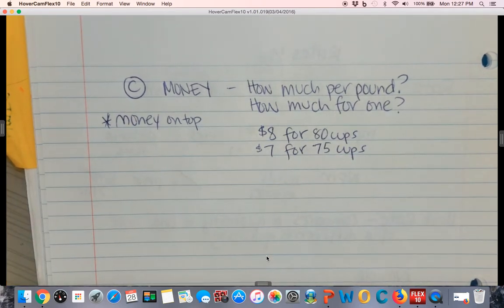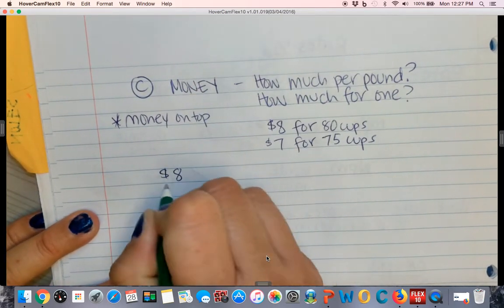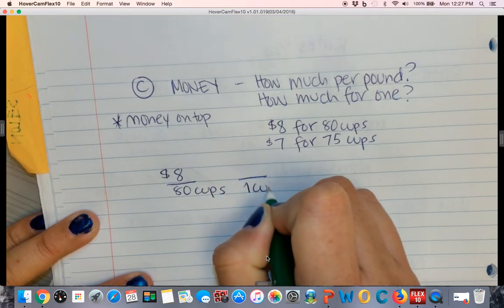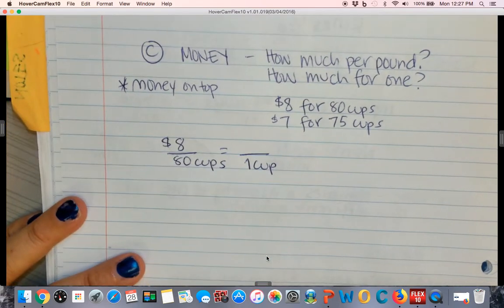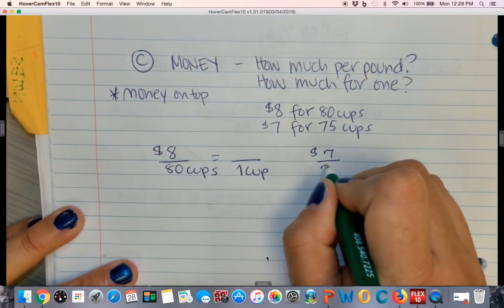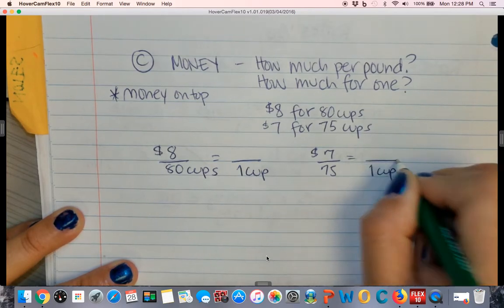What's a better deal? So I'm going to put my money on top, $8 for 80 cups, and I want to know what 1 cup costs. $7 for 75. What is the price of 1 cup?